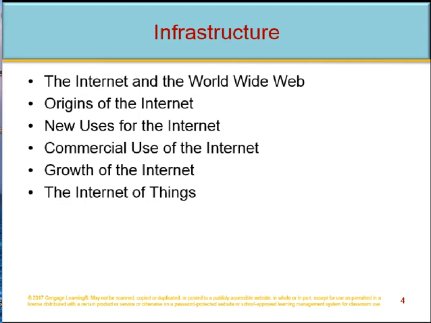Internet with a capital I is the existing network of networks all over the world. The World Wide Web is a subset of internet computers that have this HTML graphic program capability that really enhances usability.